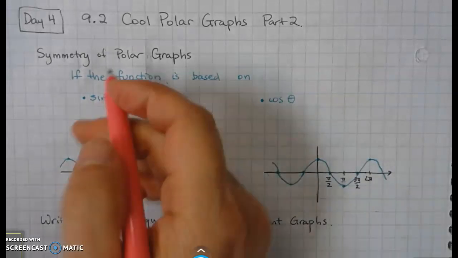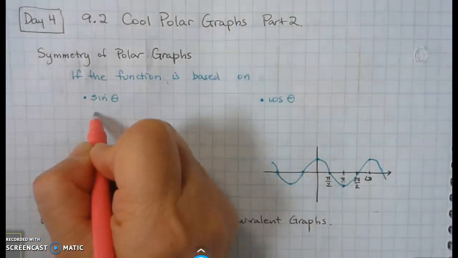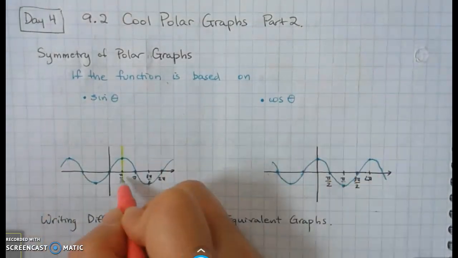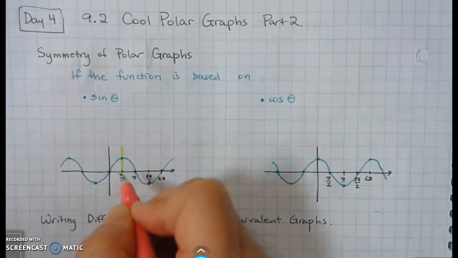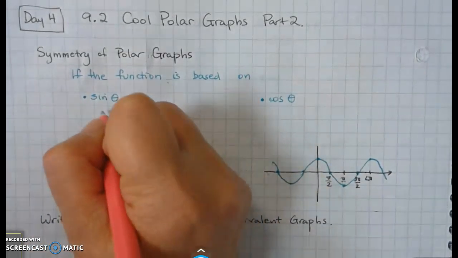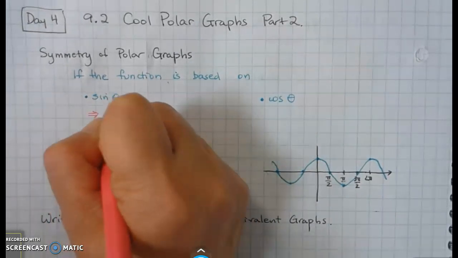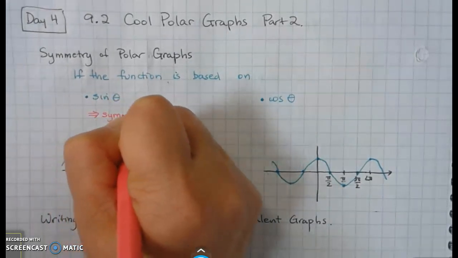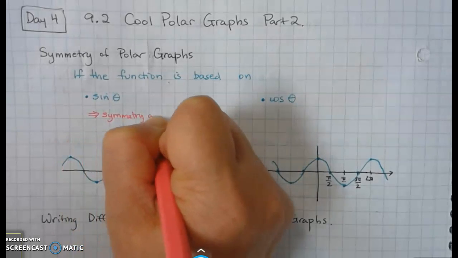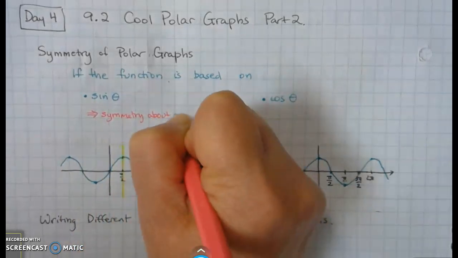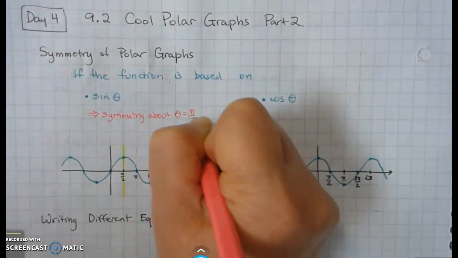So this tells me that sine is going to be symmetrical, but about what? This is a line that says theta is equal to pi over 2. So this is symmetry about theta is equal to pi over 2.